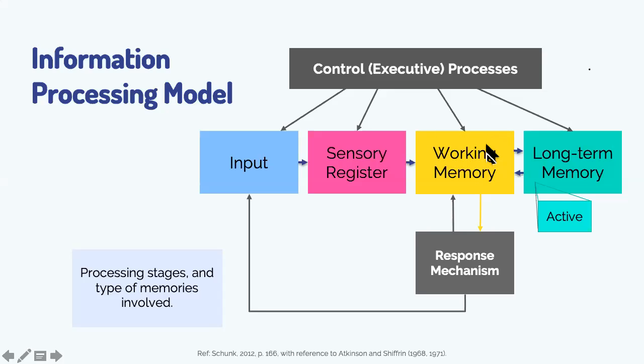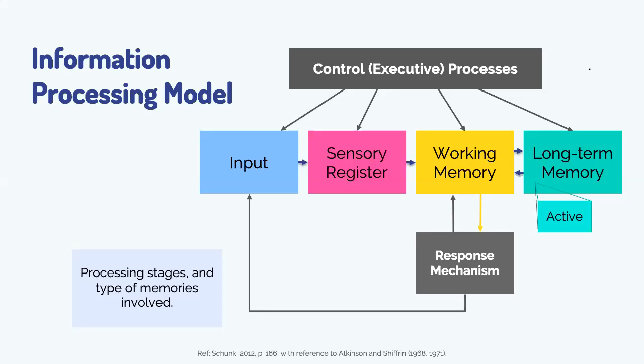However, during that time, some information from the long-term memory will be activated if the learners are able to relate the new information to certain old information in their brain, and that information will be retrieved from long-term memory and brought to the working memory to process.